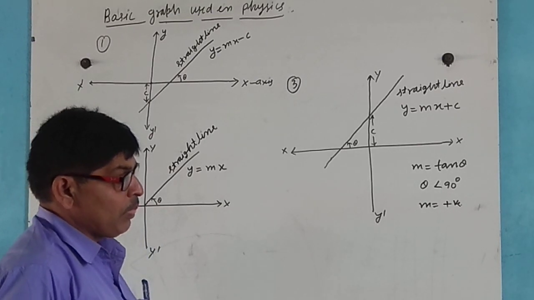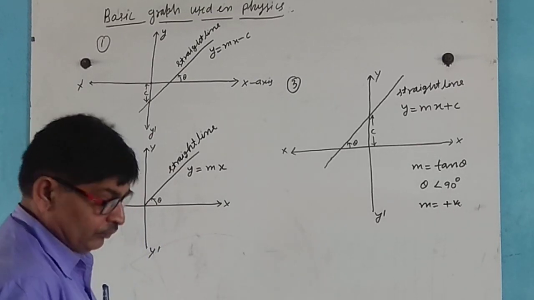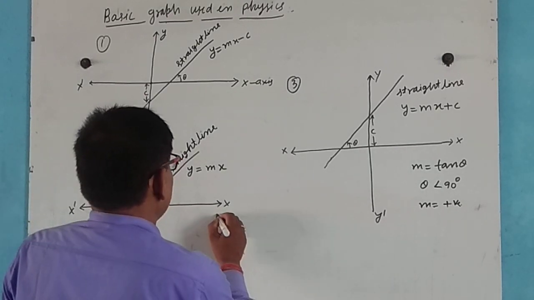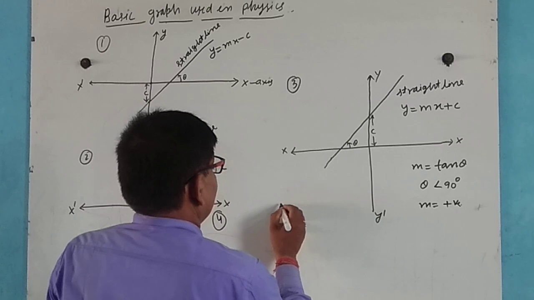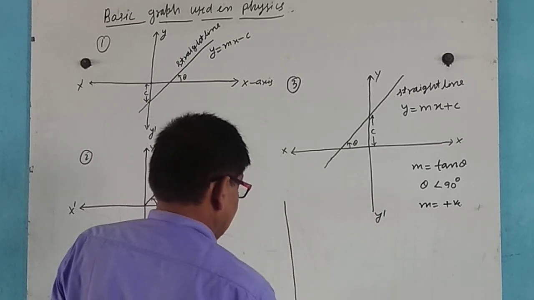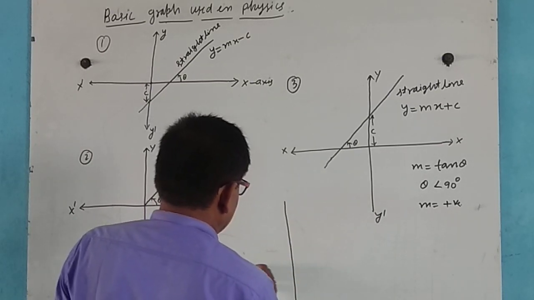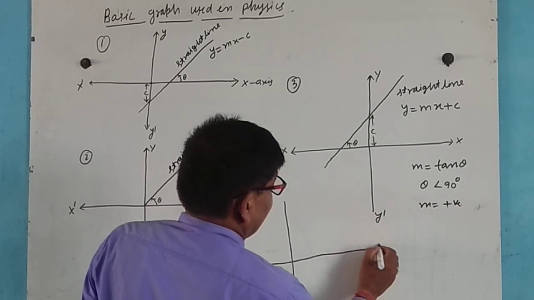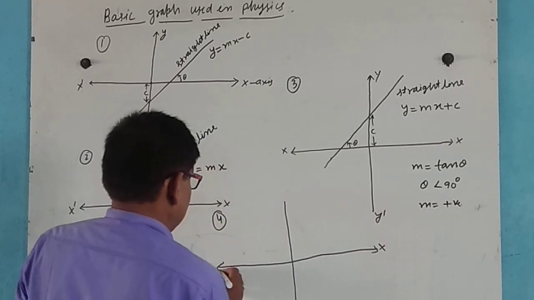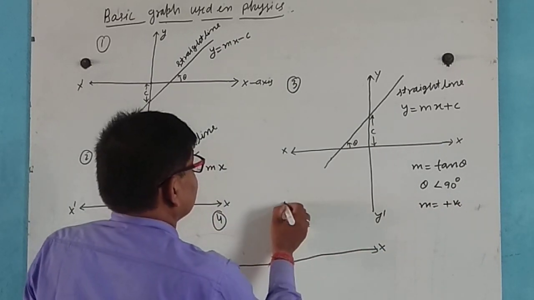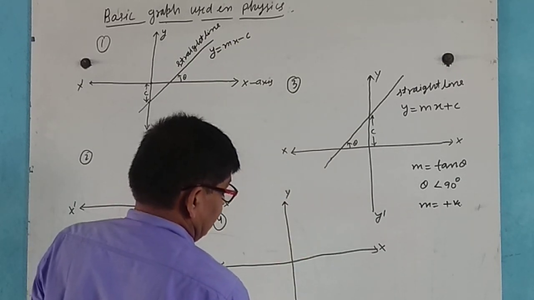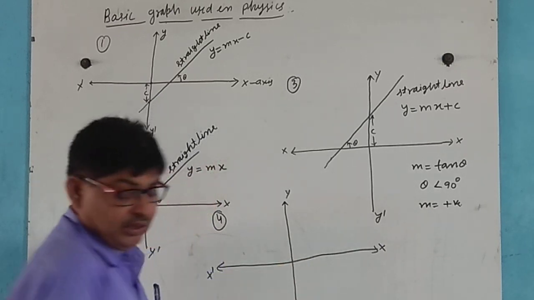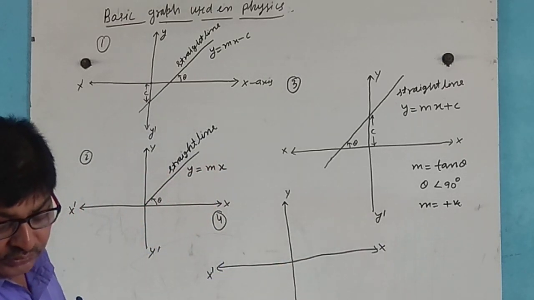Now the fourth graph. Here this is the x-axis, y-axis, and this is x dash, y and y dash, and this is the origin.